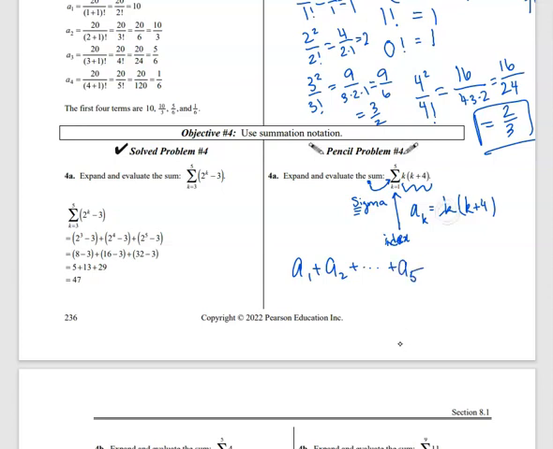A1 is 1 times 5, which is 5. A2 is 2 times 6, which is 12. A3 is 3 times 7, which is 21.